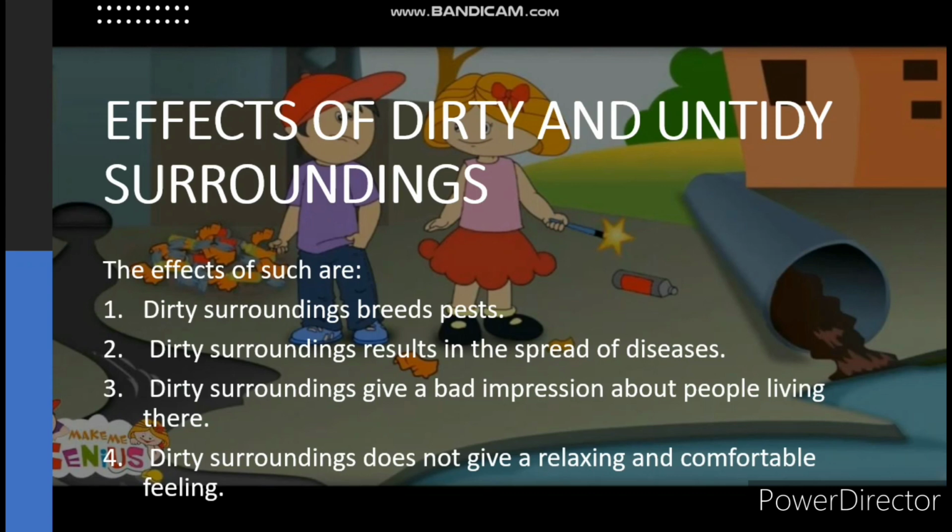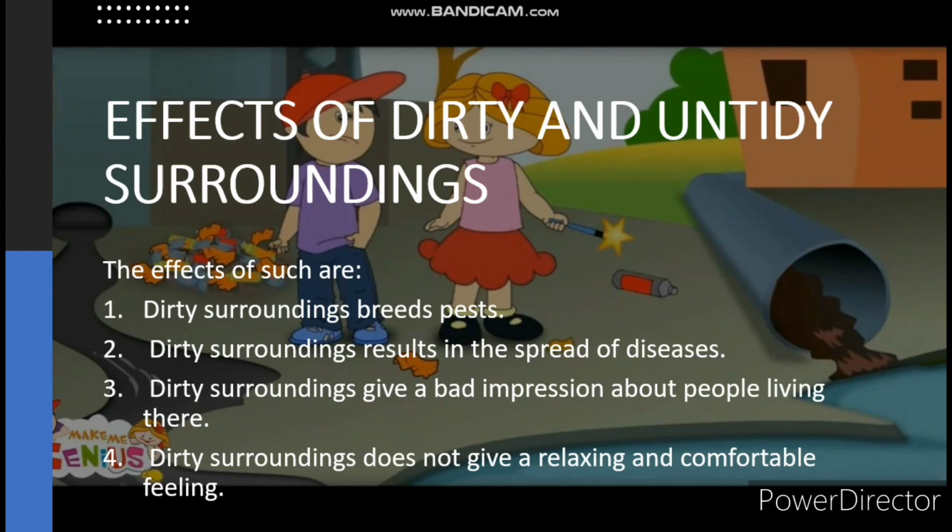Lastly, dirty surroundings do not give a relaxing and comfortable feeling. Of course, there is no way you can stay around dirt and be so happy and comfortable. No. Apart from the smell, apart from the way the place is looking, you will be so uncomfortable.